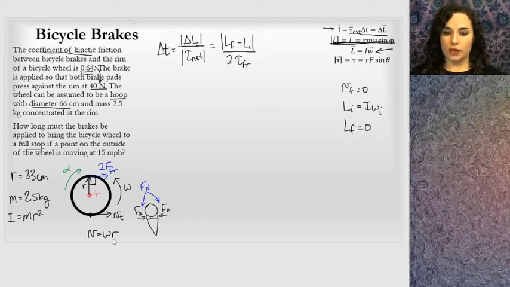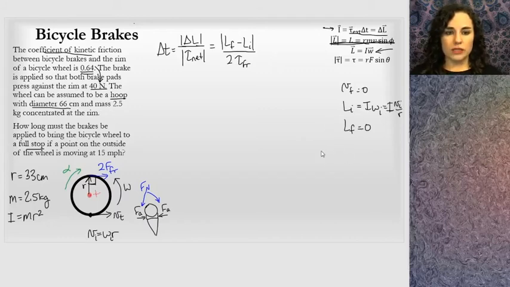And I'm going to make note over here initial velocity and omega initial over here, so I can write this equation actually as V initial over R. So I'm getting some pieces together. I have L final and L initial in terms of values I was given in the problem to begin with.